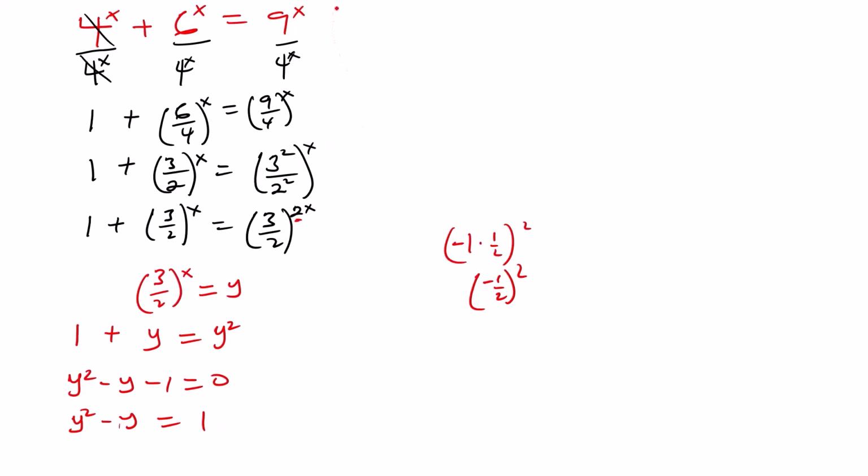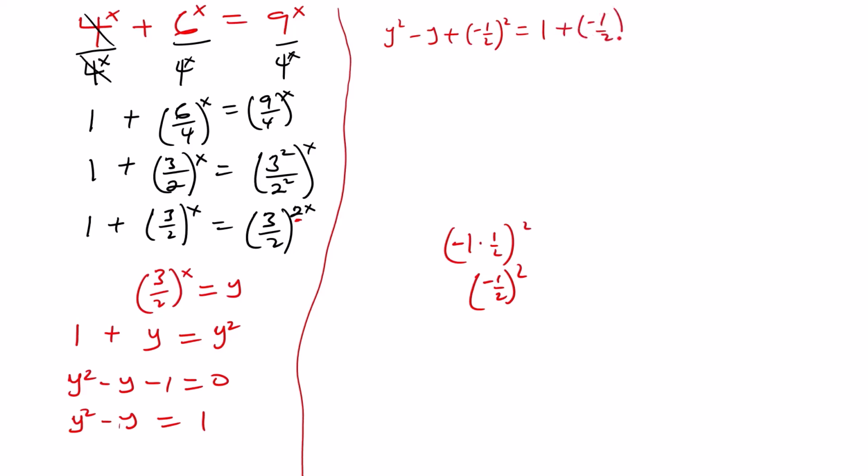So I have y squared minus y, and I'll add the result here, plus minus 1 over 2 squared, equals 1 plus minus 1 over 2 squared. So we pick this and that.